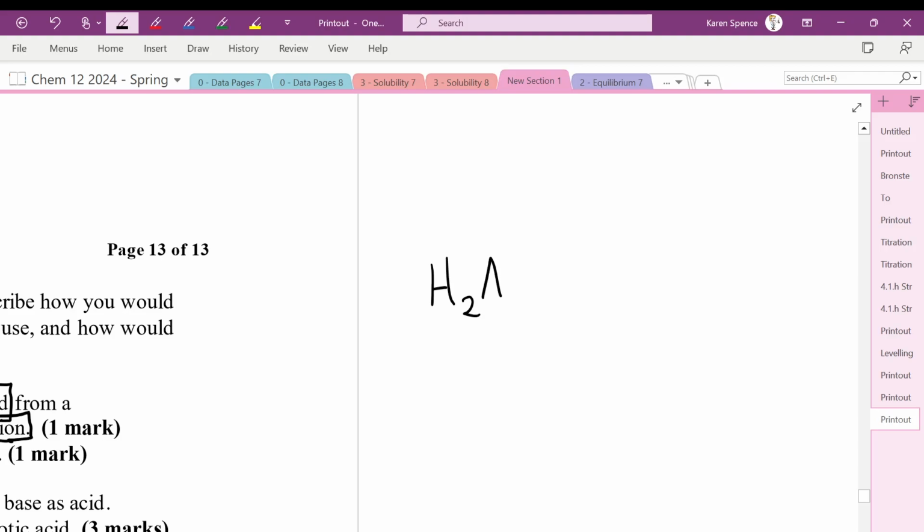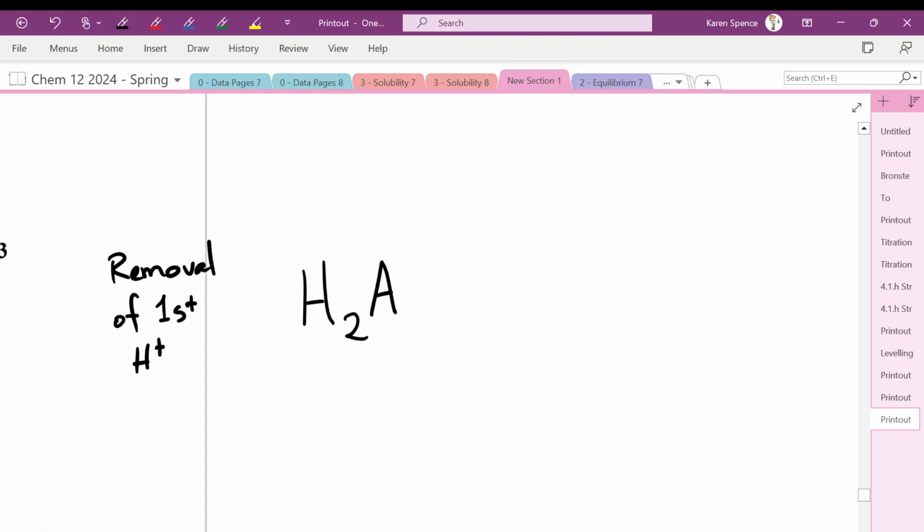H2A. What is the removal of the first hydrogen? What would I write as the equation for that? What do you want me to write? Donating a hydrogen to who?